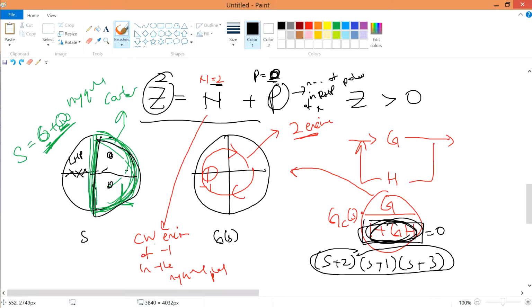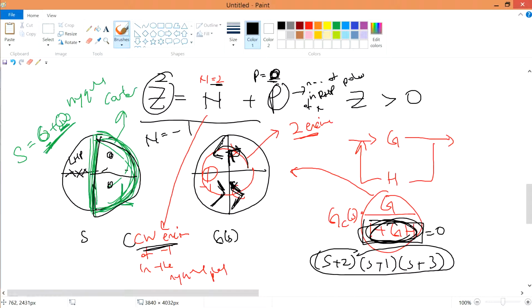And lastly, clockwise encirclement means that it's going in the clockwise direction. If it's going anti-clockwise, it's going in this direction right now. If it's going in this direction, anti-clockwise or counterclockwise, then it's equal to -1.